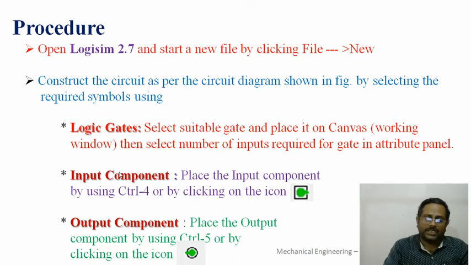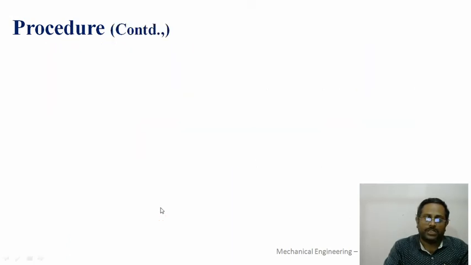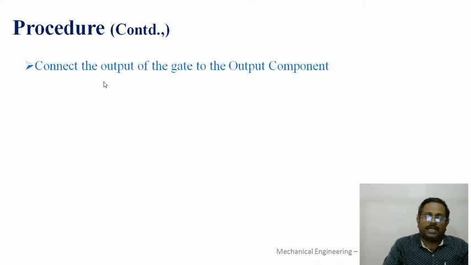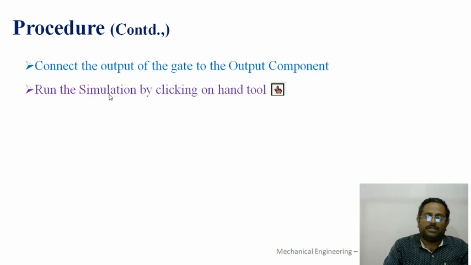After placing the logic gates, input component and output component, we have to wire them to connect the input and output of the gate to the output component. After wiring, we label it for better understanding. Then we simulate the circuit to test it. For simulation, first we have to select this tool. We call it the poke tool, which is available in the toolbar.